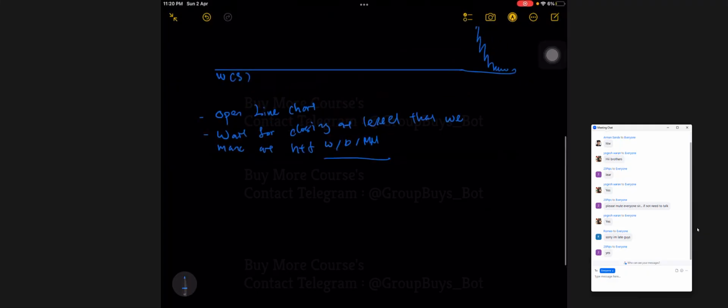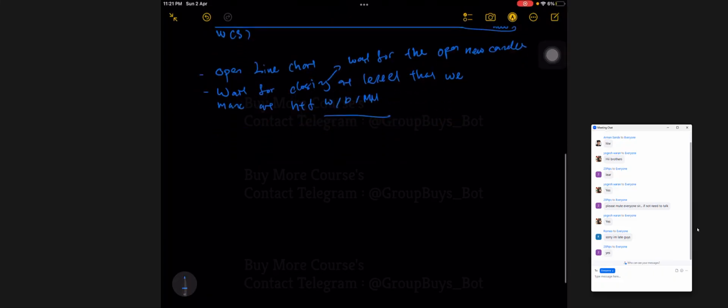So waiting for the closing is waiting for the new candle to open.